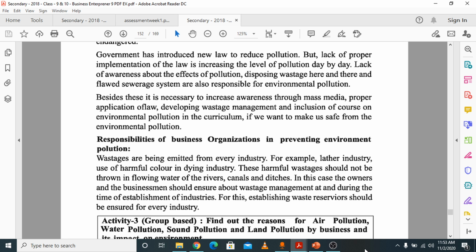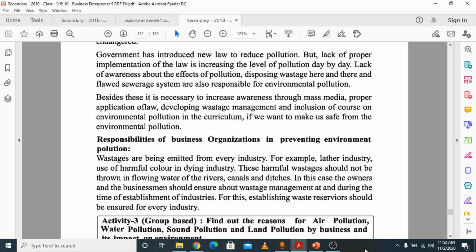And then 2 mark comprehension questions: what is meant by values, what are the responsibilities of a business to its customers, what do you understand by social responsibility. That means the topics of pollution and the social responsibilities to the different stakeholders.